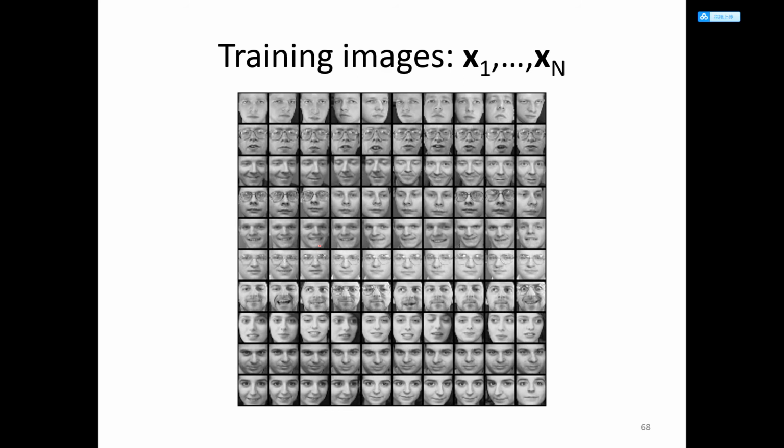The first thing is that we need to make sure all these faces are aligned. If the data points or data sets are not aligned, they will behave differently, they have different statistics, and then you cannot do dimension reduction for that. So you need some pre-processing here: you need to align the faces first before you do that.